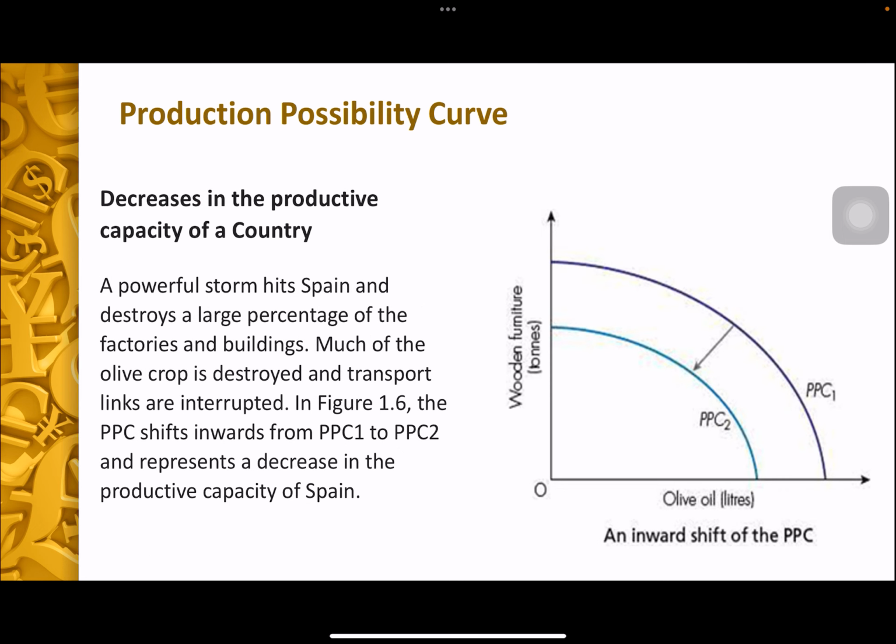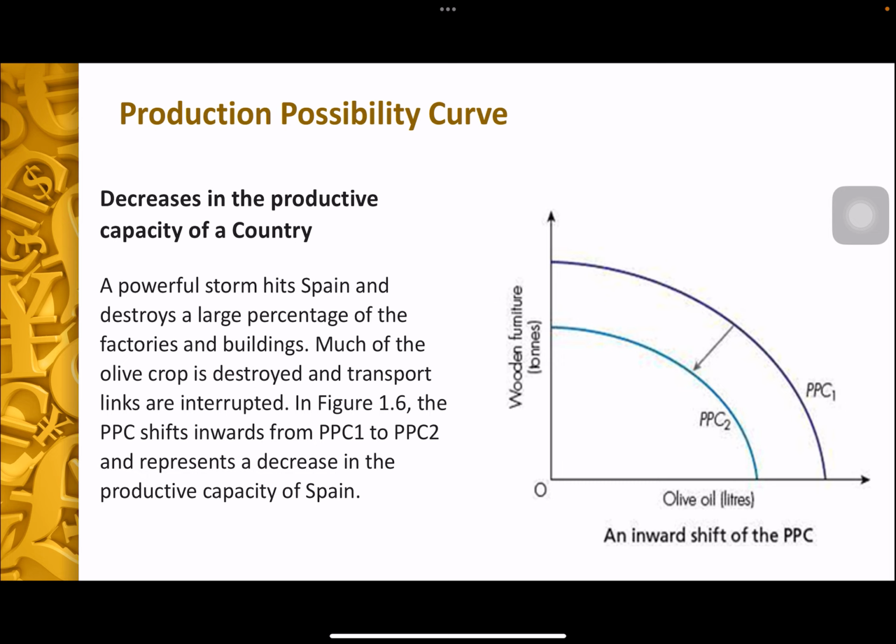On the other hand, there can be a decrease in the productive capacity of the country. For example, some natural disaster, some powerful storm that destroys a large percentage of factories and buildings in an economy, then the crop of olive oil is also destroyed, the transportation is interrupted, and due to that interruption, the production and the distribution is not possible.